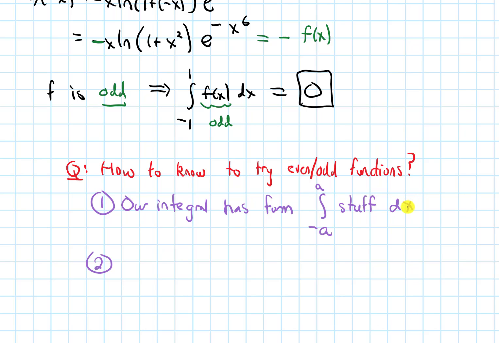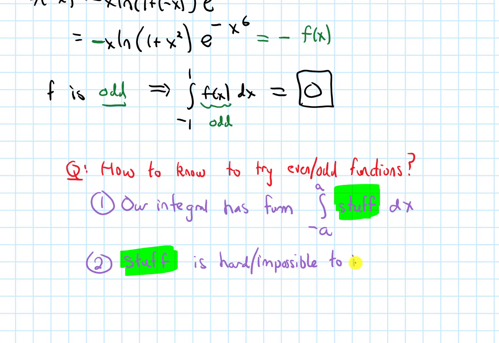Okay, the other sort of tip-off beyond just seeing that is when that stuff that you're integrating, so let me highlight it, when that stuff is either hard or maybe even impossible to integrate.